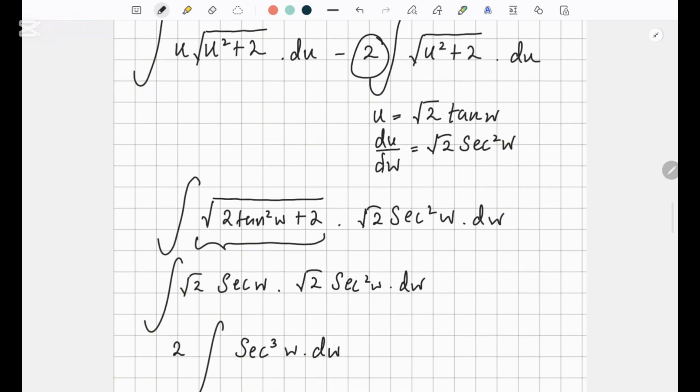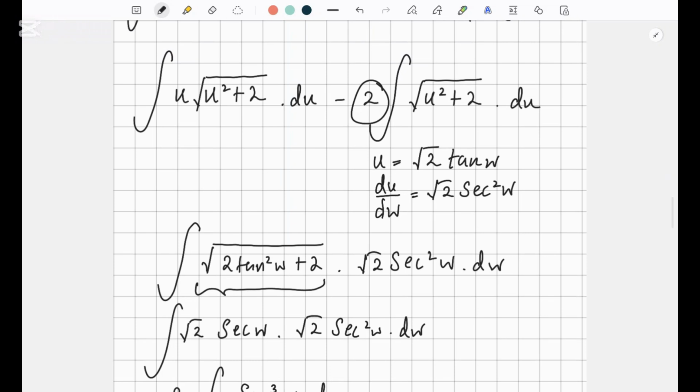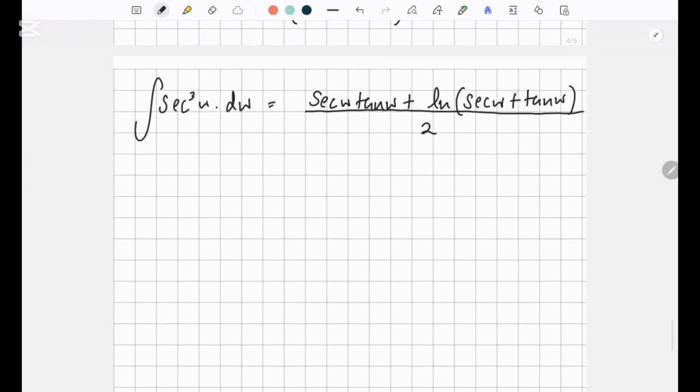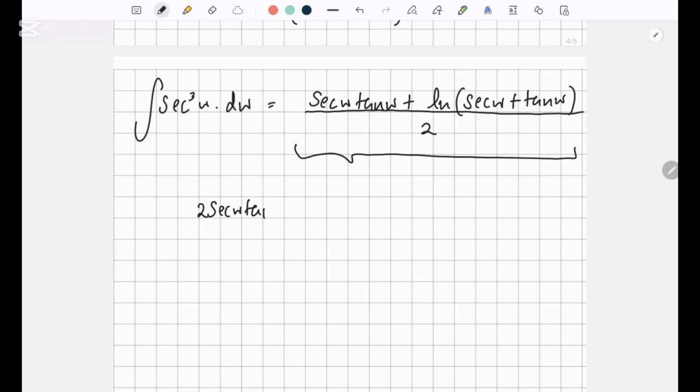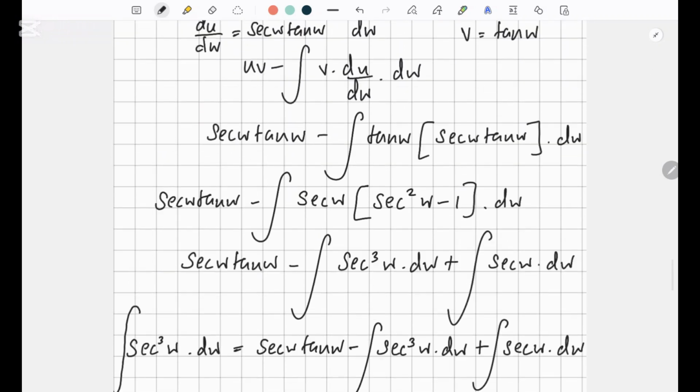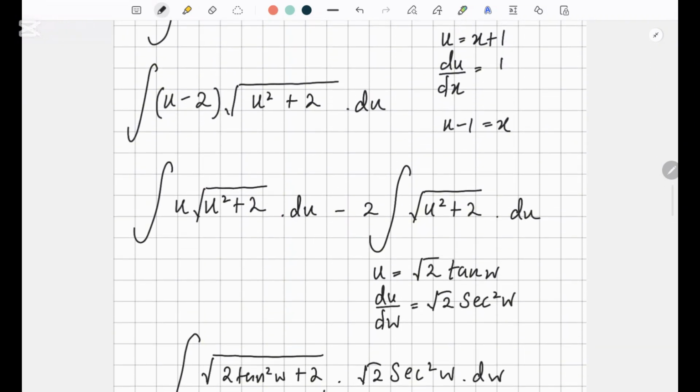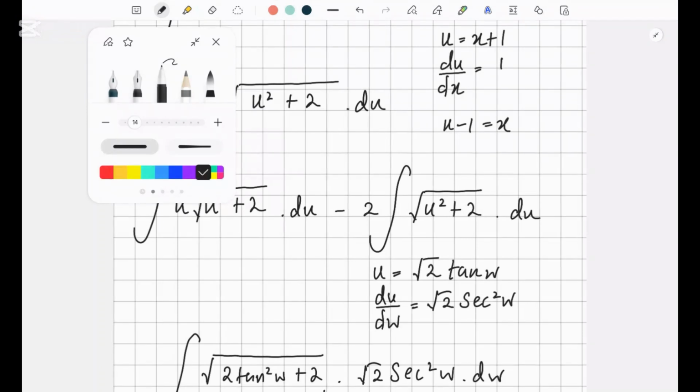So we had 2 into 2, that's 4, which I didn't consider into the question. So then we'll have to multiply this whole thing by 4. So that would be 2 sec w tan w plus 2 ln sec w plus tan w. That's the answer for this section right here.